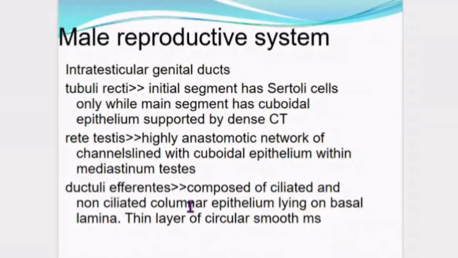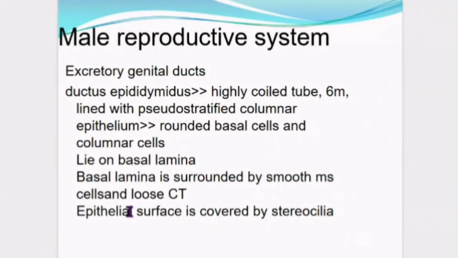Then when you move from the rete testis to the efferent ductules, you start to find two cell types: simple cuboidal initially, and then ciliated columnar epithelium. Your support layer is going to be a circular smooth muscle layer. So that is for the intratesticular ducts.